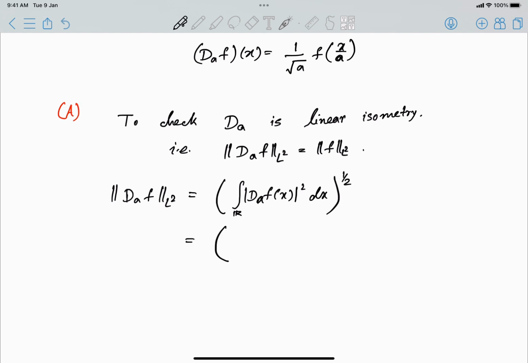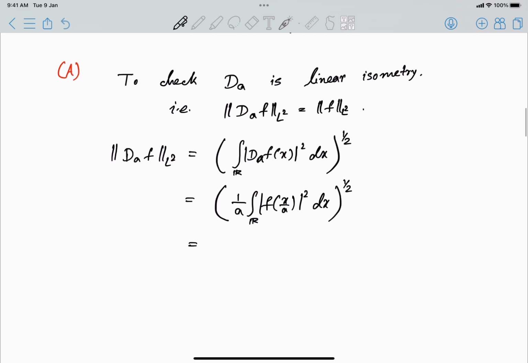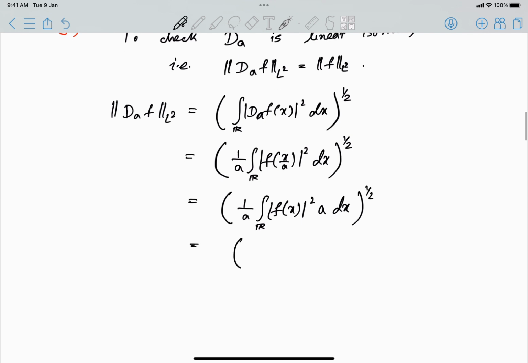So just write down the definition, then you will get 1 by A over R f of x by A. So now let's make a change of variable. If we make the change of variable, what will we get? f of x, A dx. So A and A will cancel out. You will get the integral of mod f of x squared dx to the power half.